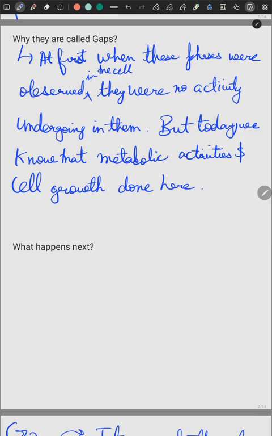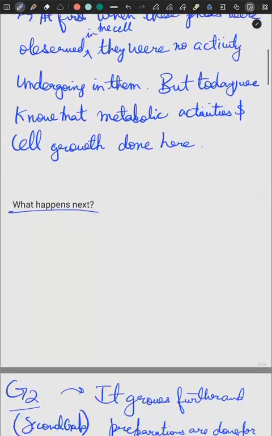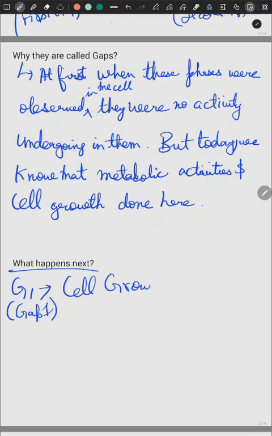So what happened next? In interphase, what does each phase denote? In the G1 phase, known as gap 1, cell growth occurs. The cell continues to grow here. Then the S phase comes, the synthesis phase.